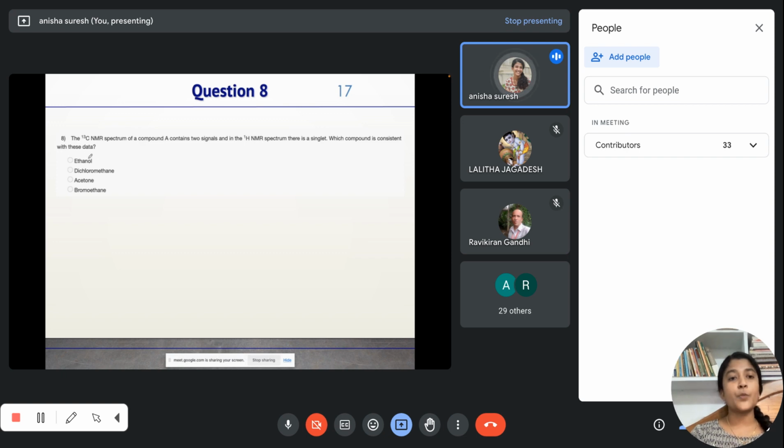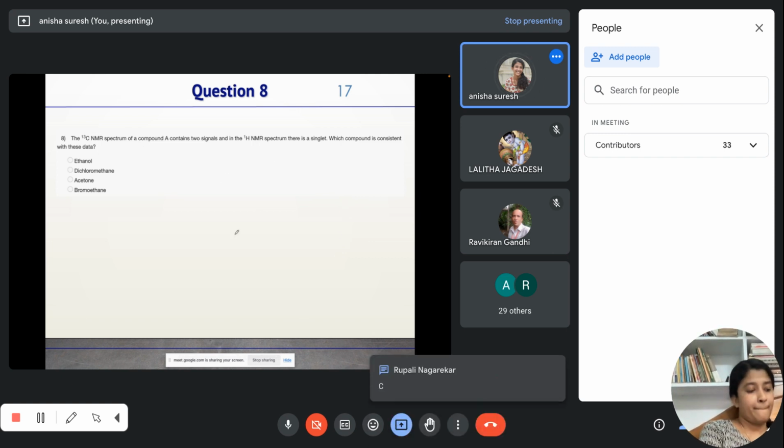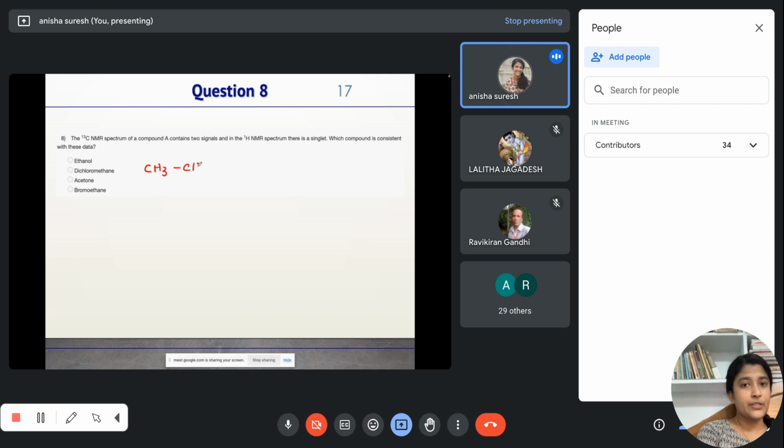They have given option A as ethanol, option B as dichloromethane, option C as acetone, and option D as bromoethane. So we can see the structure of each of these molecules. Ethanol will be CH3, CH2, OH.